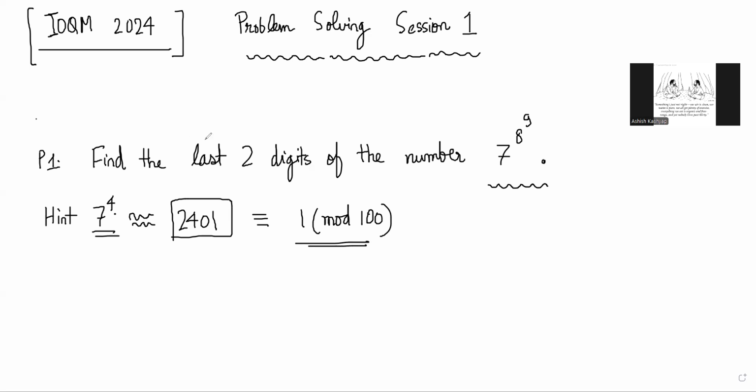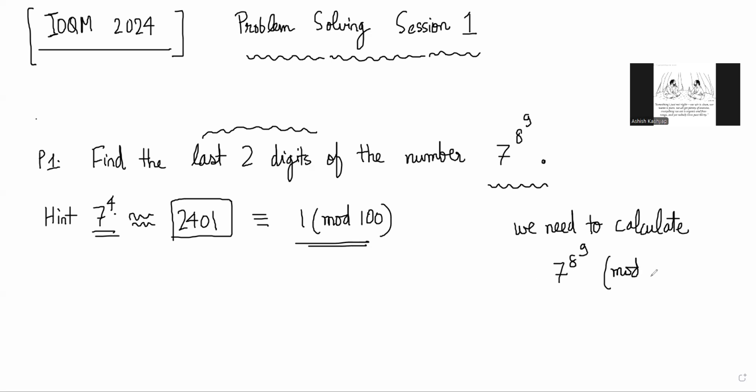When I say last two digits of a number, what you need to find is the remainder when this number is divided by 100. We need to calculate 7 power 8 power 9 mod 100. That will give us the remainder, right?